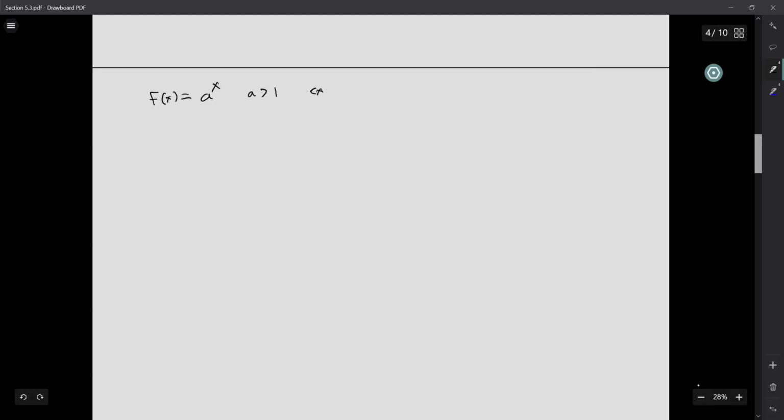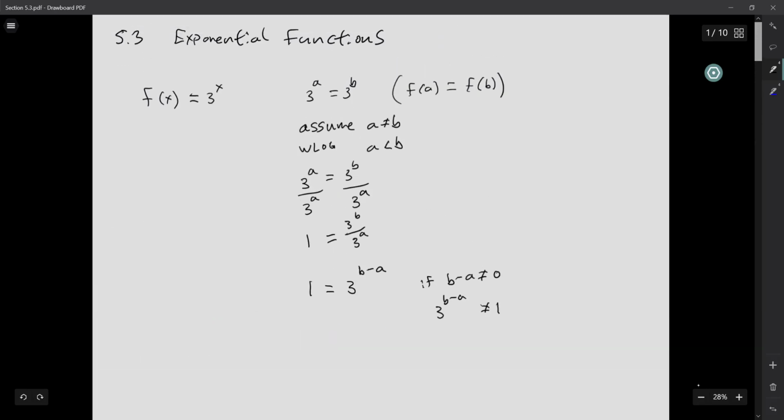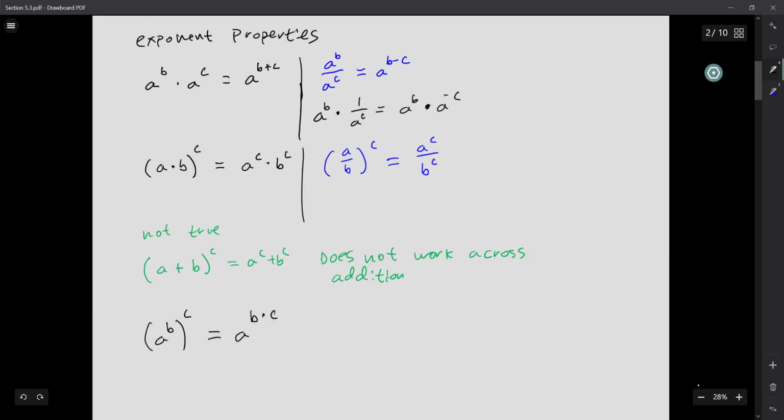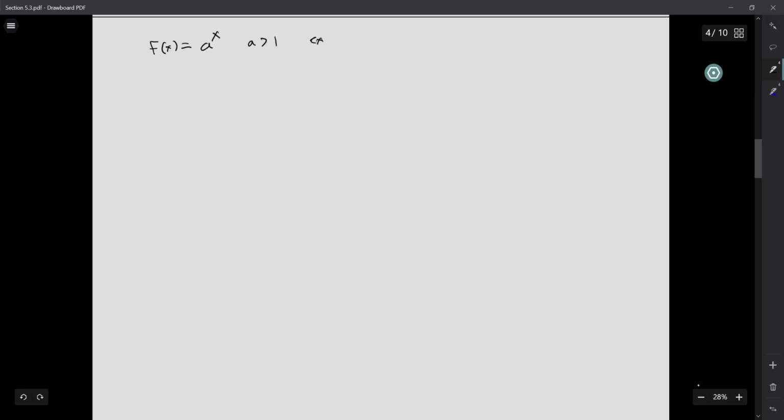So let's say I've got f of x equal to a to the x, and I'm going to fix a to be greater than 1. So an example would be like what we started with, f of x equals 3 to the x. This graph will always take the form flat here, and then it shoots up this way. Crazy.